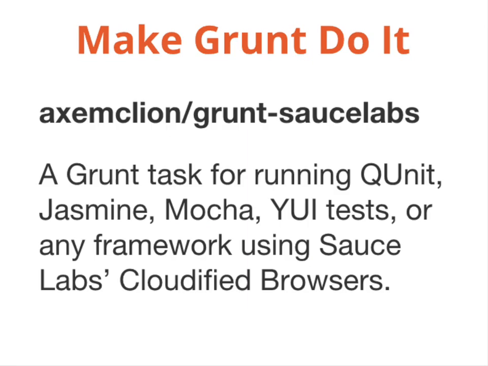So here's the GitHub handle. Basically, if you go to github.com/this username and Grunt Sauce Labs, that will be the repository for you. If you need, I can send the URL too. So let's go ahead and do that. Here's the URL.